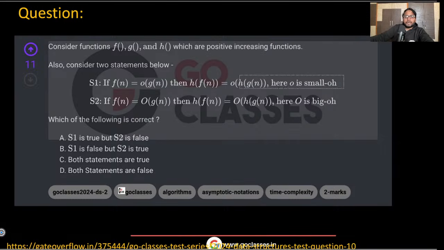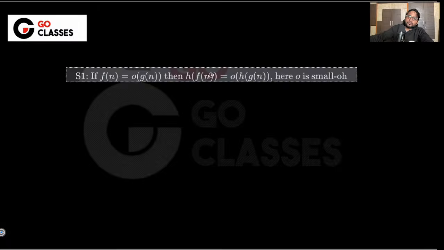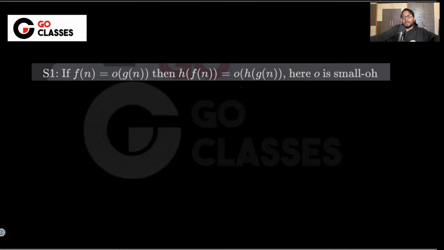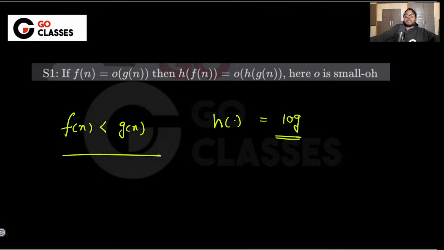Now they are saying that they are related like this, that fn is strictly lesser than gn. Now we have seen the example that if this h function is basically log, then after taking the log, they are actually equal. This is not strictly lesser. So that's why this is false. The classic example.